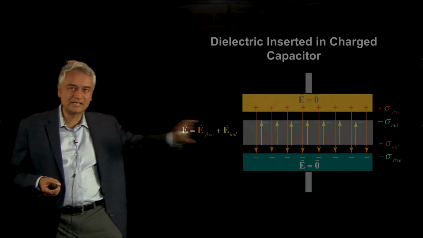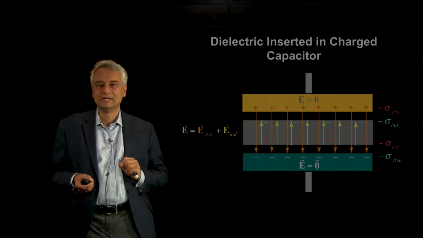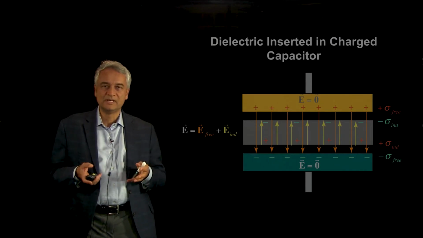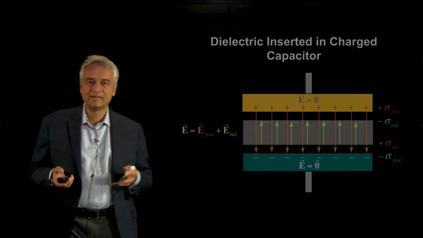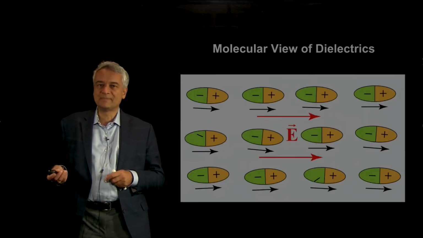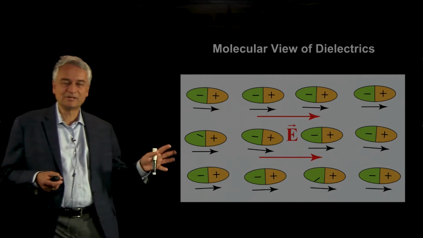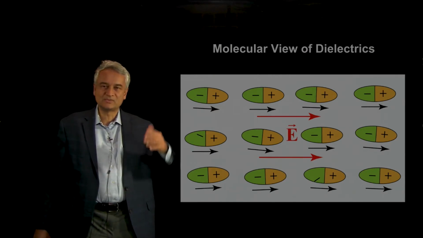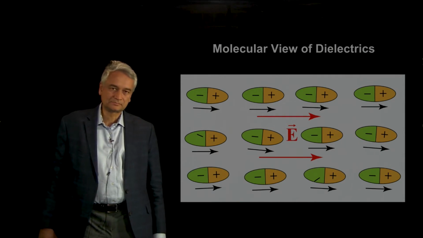But now I've slid into here a slab of dielectric. And that dielectric is now in an electric field, the electric field in orange, which is made by the capacitor. So inside that dielectric, this is what's happening. I'm applying an electric field. All those little dipoles are aligning. And now we have to ask what the consequences of that are.